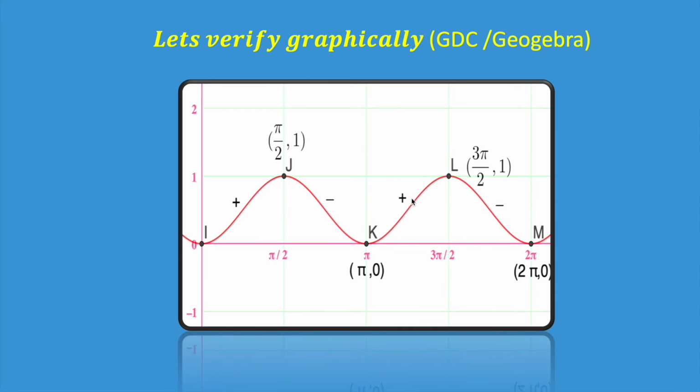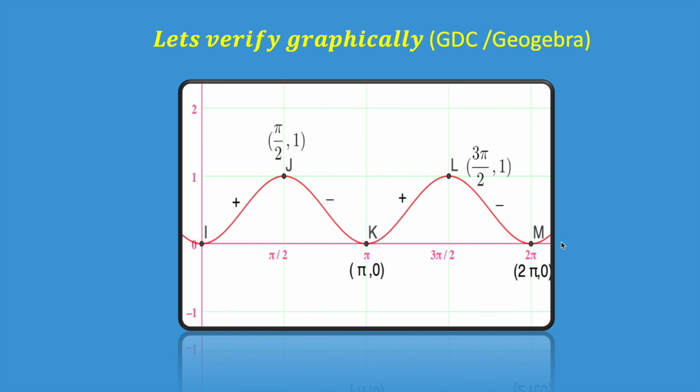Similarly, at L, the gradient changes sign from positive to negative. So therefore, L is also the second local maximum. And 0, 0 is a local minimum. K, where the gradient changes sign from negative to positive, is also a local minimum. And M is also a local minimum.